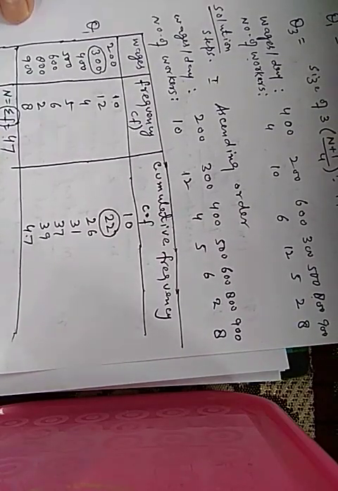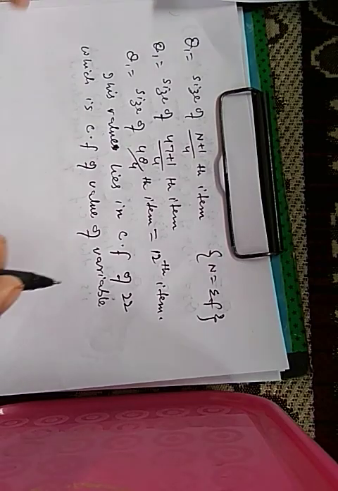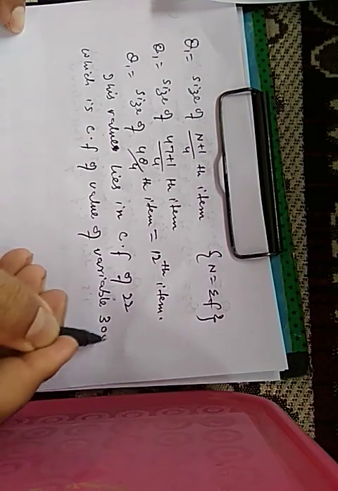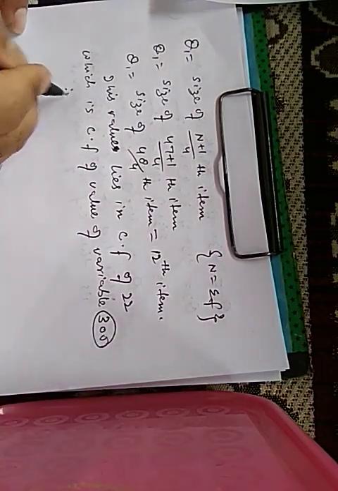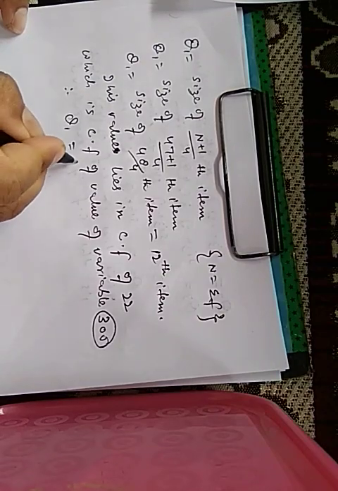This will be the first quartile. Therefore, first quartile will be equal to 300.